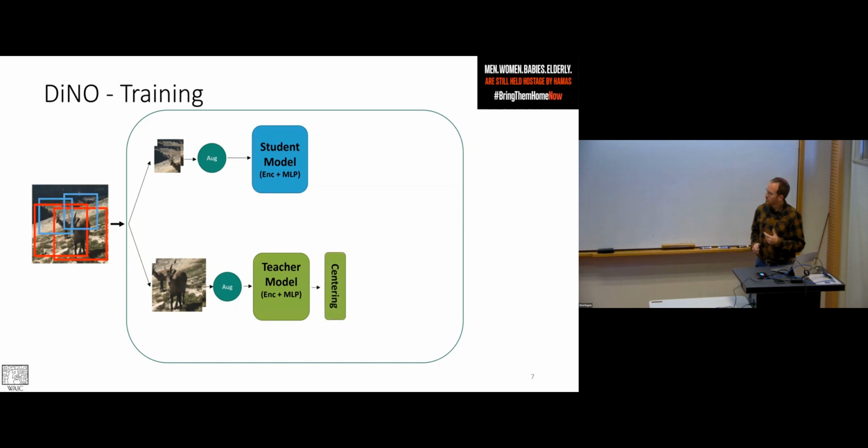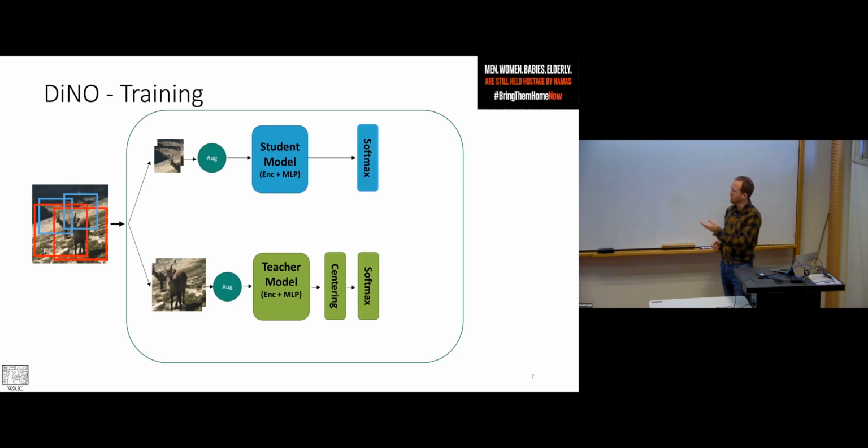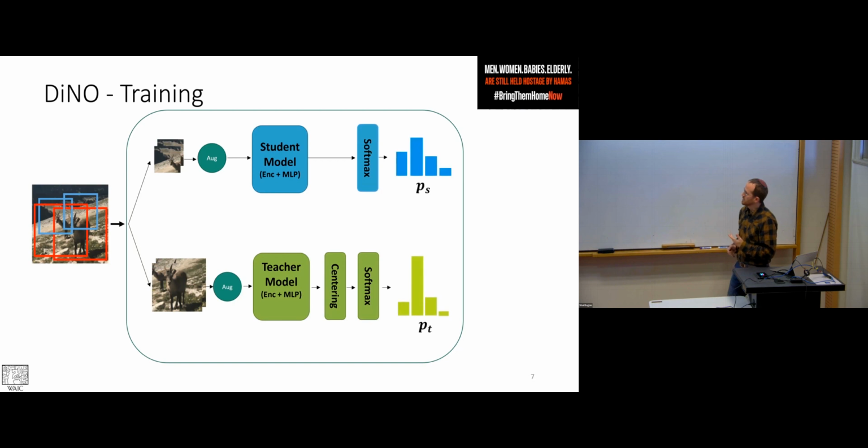Then we look at the prediction of the teacher. The teacher is going to classify the image into some arbitrary labels, and the student is going to be trained to match the labels of the teacher. And we compute the loss between the prediction of the student and the teacher, like in a distillation.